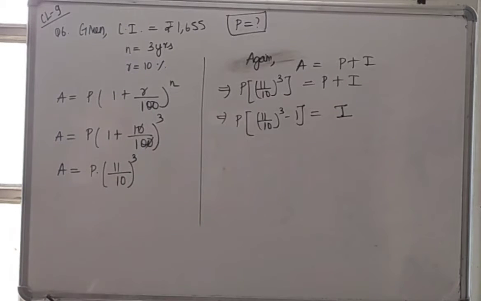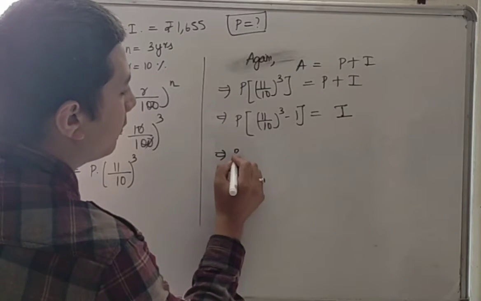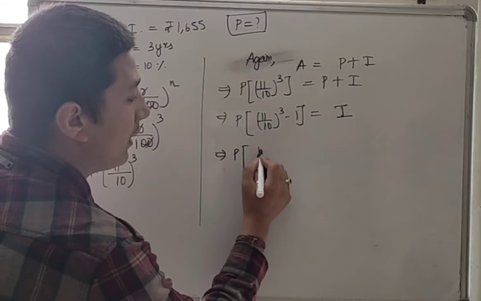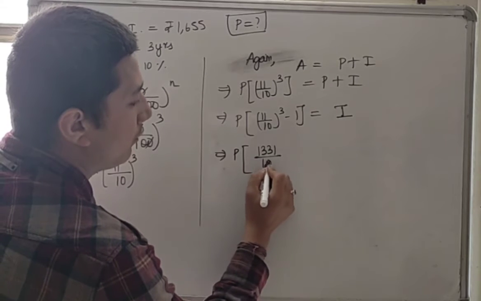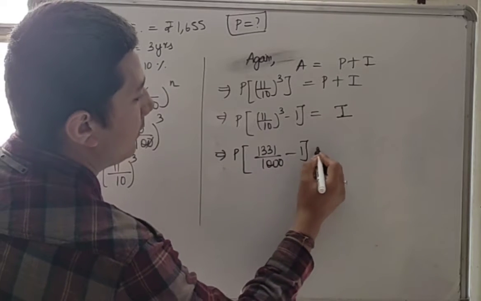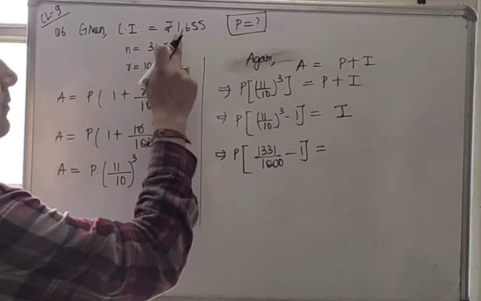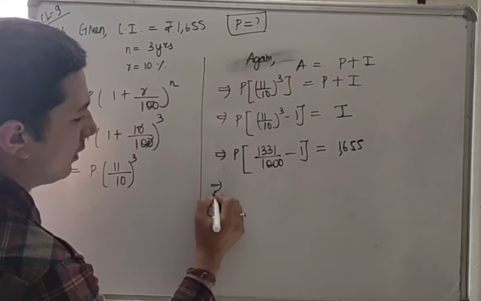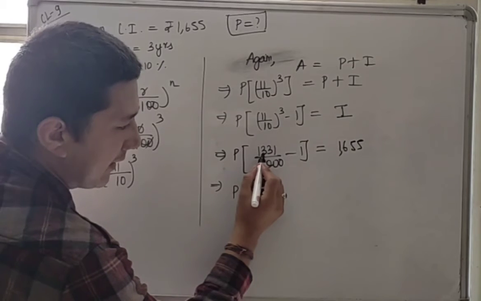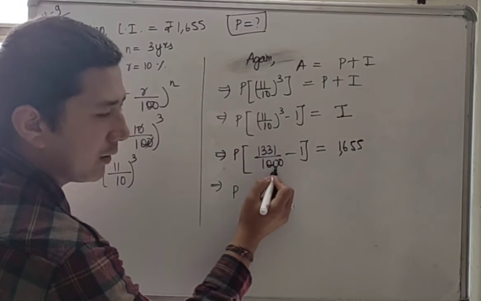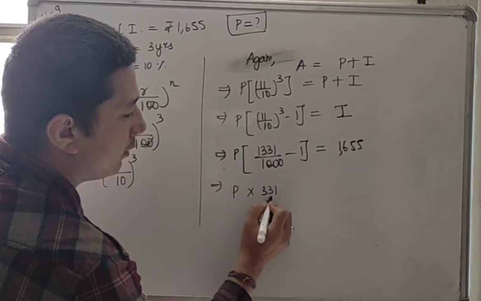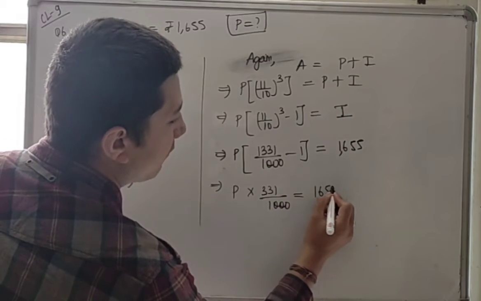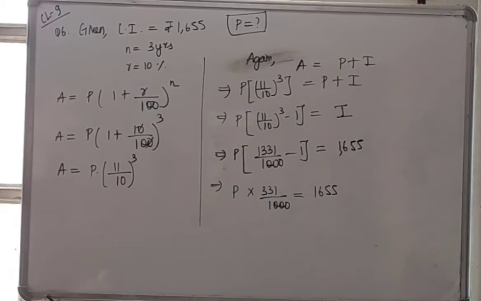Now here, 11 whole cube is 1331, 10 whole cube is 1000, minus 1, which equals interest. What is my interest? 1655. Actually it's a similar question. So for the principal, if you calculate 1331 minus 1000, this will be 331 divided by 1000, which equals 1655. And I think this is 5 times.